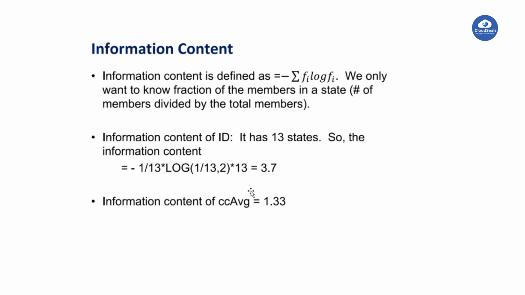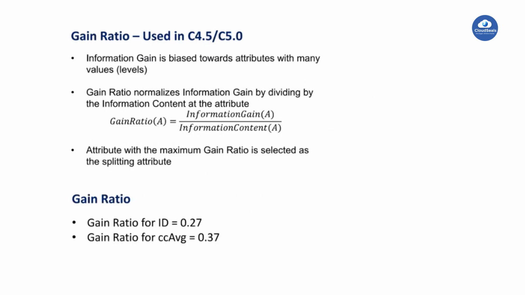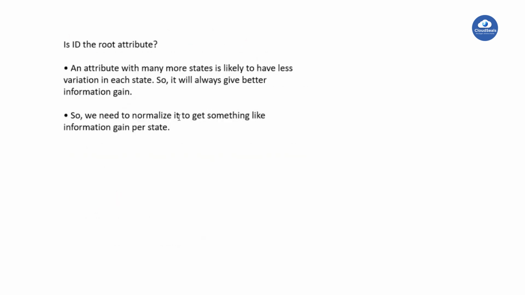To overcome this problem, we use the gain ratio. For the gain ratio, what do we do? Information gain by information content. This is the formula.